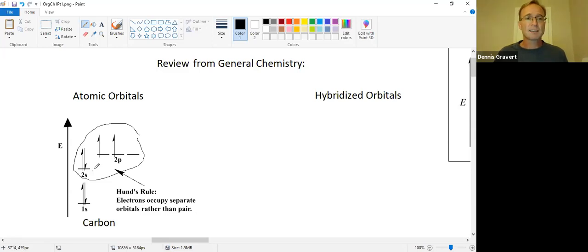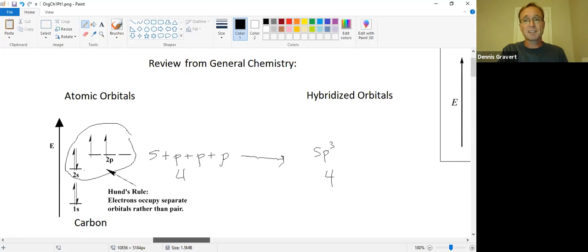And we'll take this s, and we'll take these 3 p's, and we'll grind them up and crank out some new orbitals. 4 orbitals are going in, so 4 orbitals have to come out. And we're going to call these new scrambled up orbitals hybridized orbitals with the nickname of sp3. And that's because 1 s and 3 p's went into making these 4 orbitals.